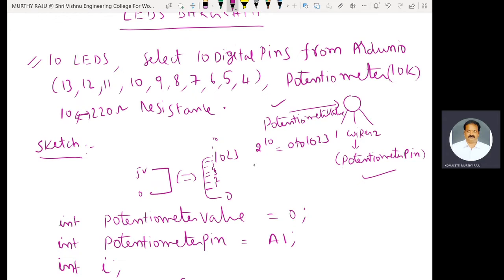Like the first case, clear state. Next, the first LED is on. Second LED is on. Third LED is on. In the first LED, the range is 0 to 103. 104 to some value, 206, like that. By using these values, you have to glow the LEDs. That is called the LED bar graph.